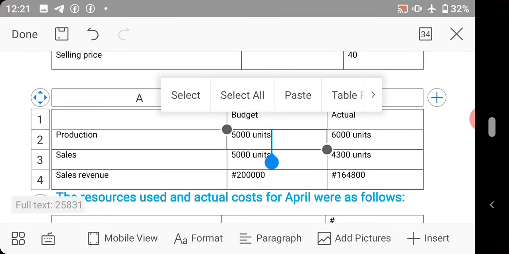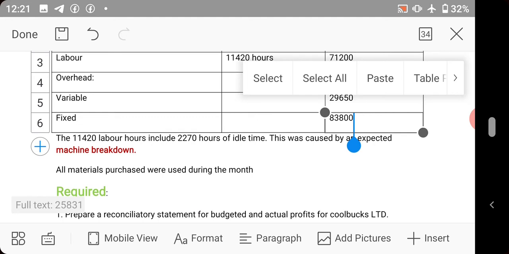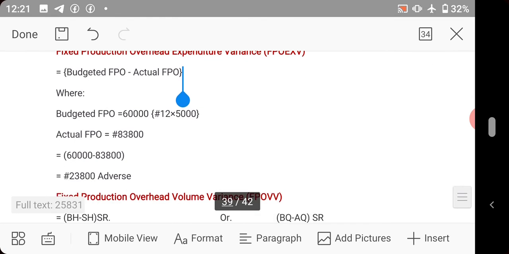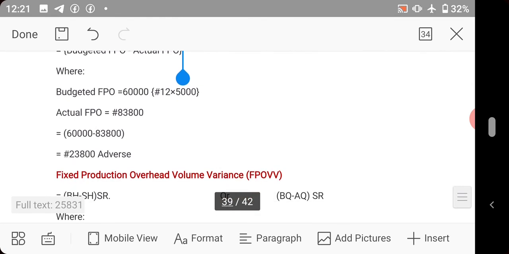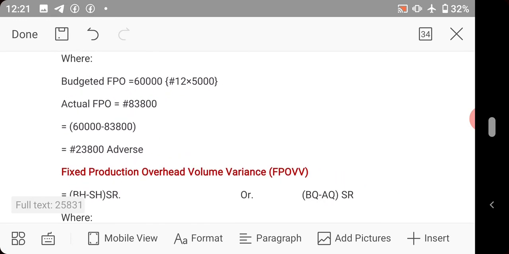We budgeted to produce 5,000 units. So 5,000 times 12 will give you budgeted fixed production overhead. Now, actual fixed production overhead is 83,800 naira. So we'll go back to where we were. You substitute. You already know how 60,000 was gotten. You also know how 83,800 was gotten. You substitute. You have 23,800 naira, which is adverse. Are you there? 23,800 naira, which is adverse. Good. So with this, we are good to go.